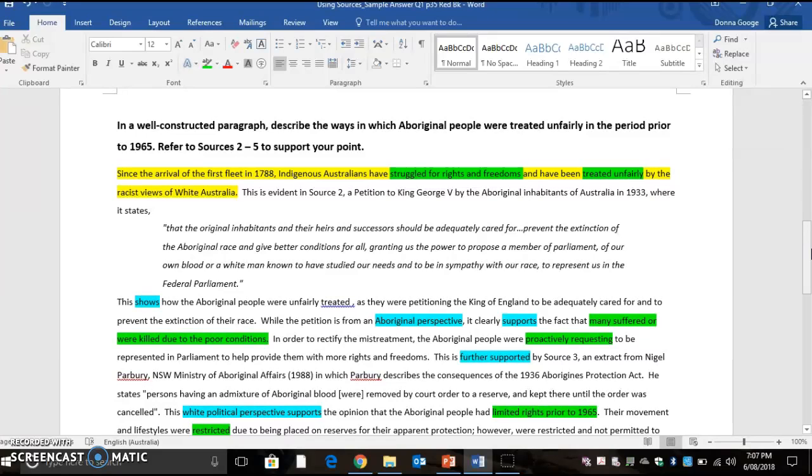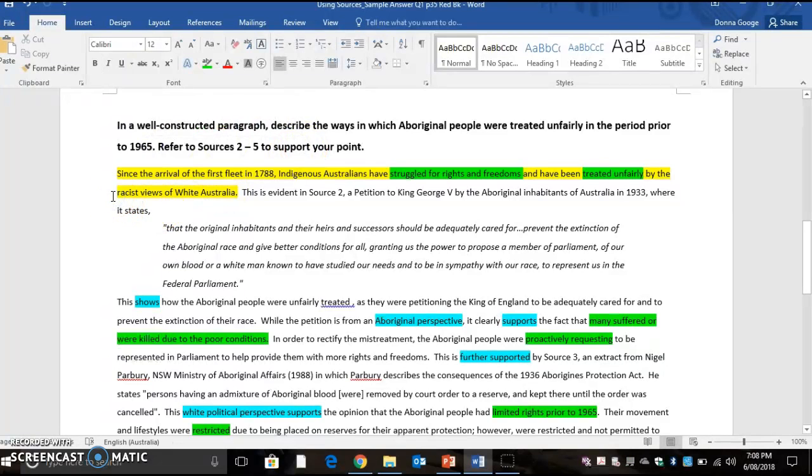Now, when I was away last lesson, you looked at some sources on a handout. Those sources, 2 to 5, were used to write this example paragraph. The bit in yellow is the topic sentence. Okay? It's describing the ways in which people were treated unfairly prior to 1965.